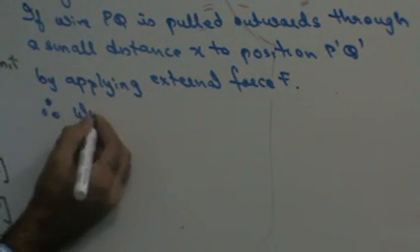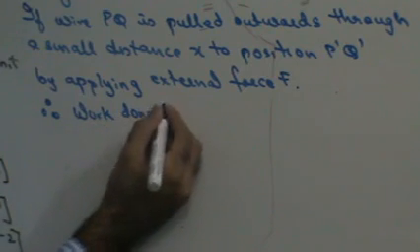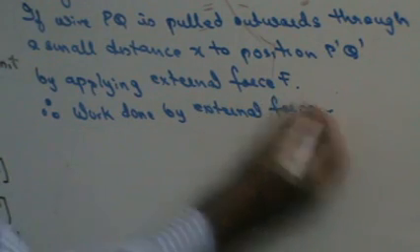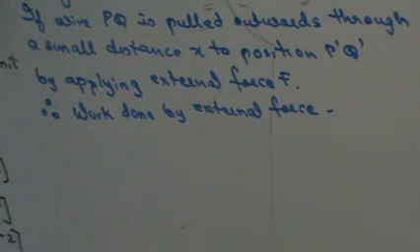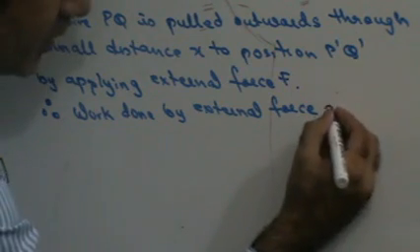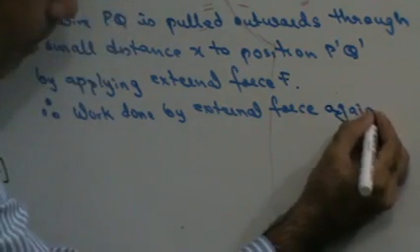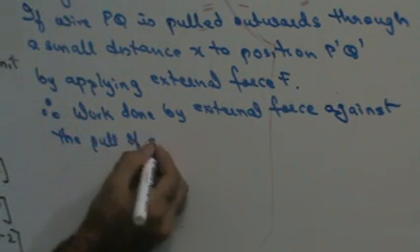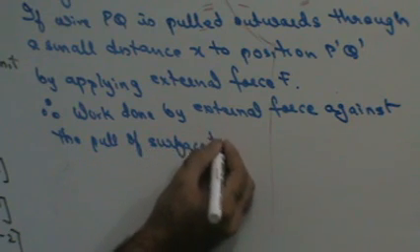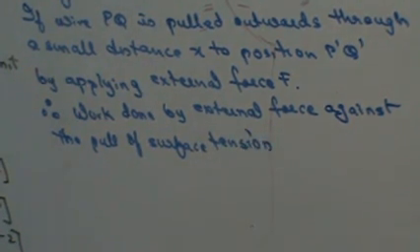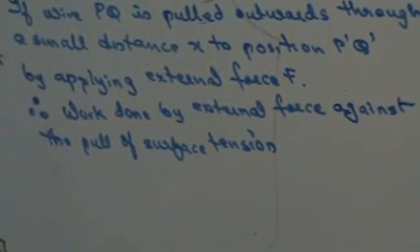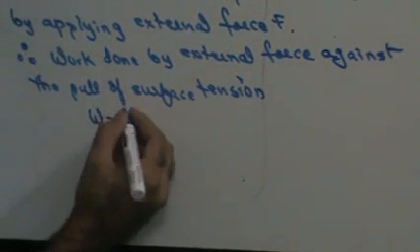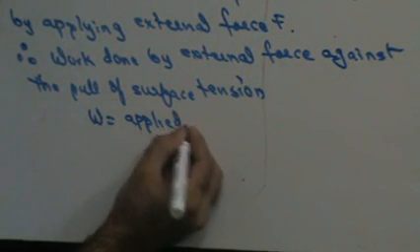So the work done by the external force against the pull of surface tension, because the surface tension is going to try to pull the wire inwards, and you are pulling the wire outwards. The work done will be nothing but force into displacement, applied force into displacement.